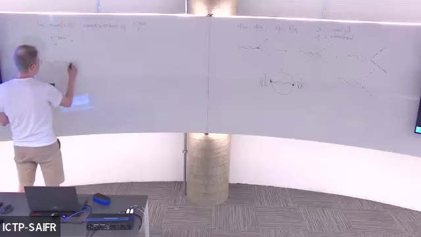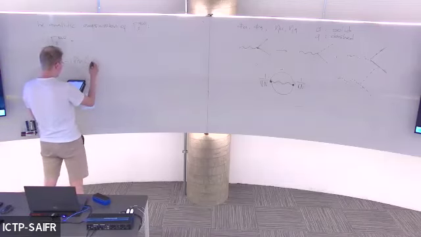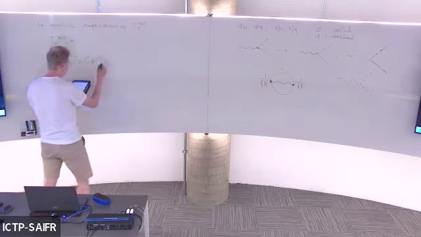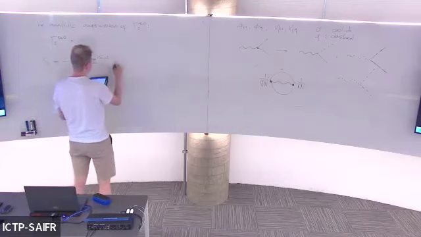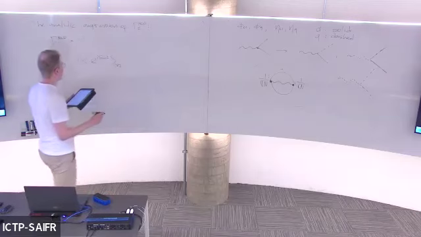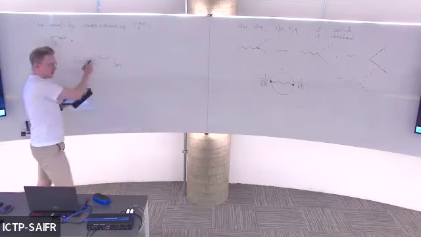Remember, it was minus i logarithm and expectation value of this. Essentially what we are doing here is expanding S interaction to the second order.